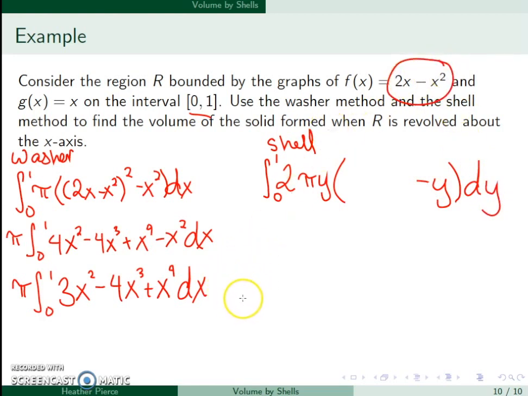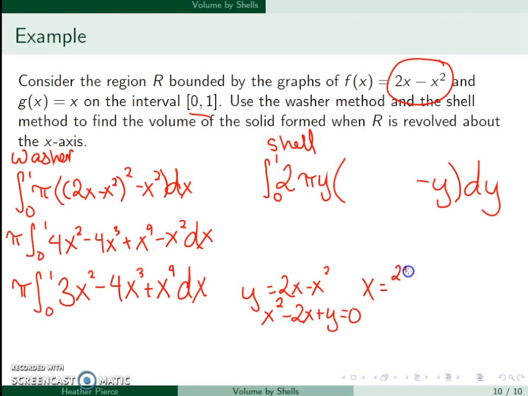So in particular, if y is equal to 2x minus x squared, then we can say x squared minus 2x plus y is equal to 0. And then we can use the quadratic formula.